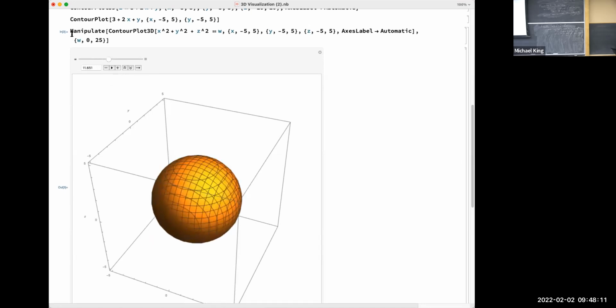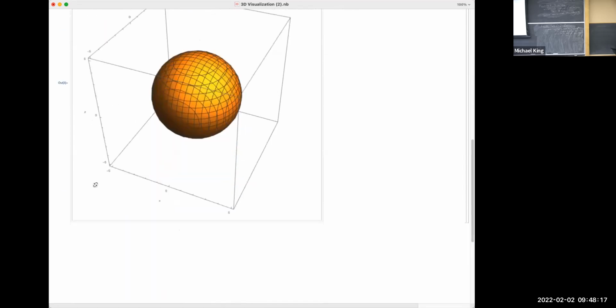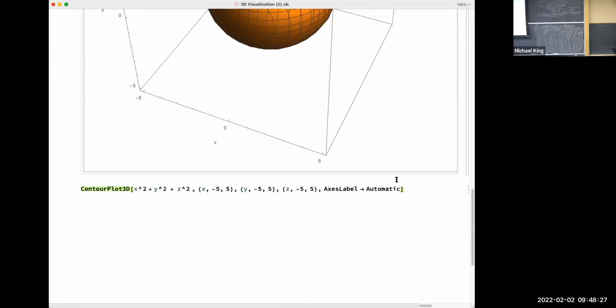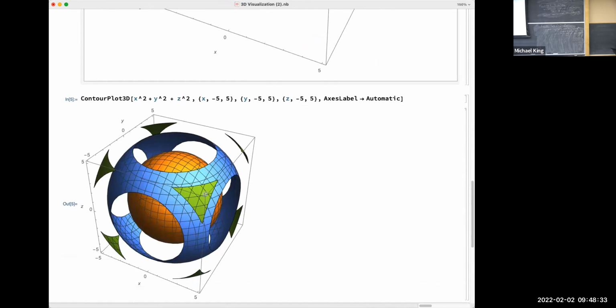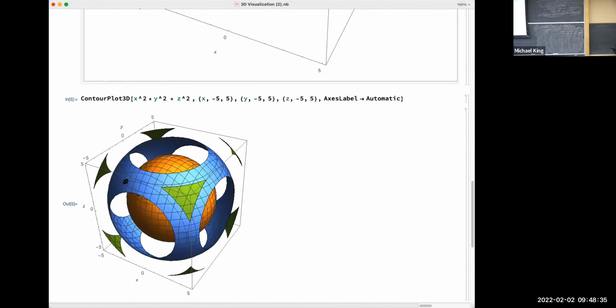There is actually a command to let you see all of them. There's this command ContourPlot3D where you're seeing they're kind of shells.